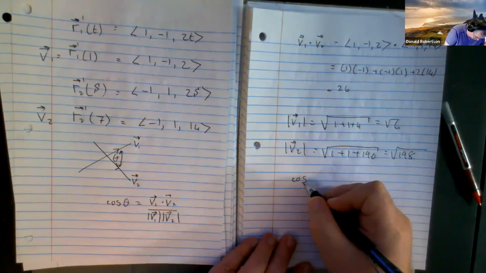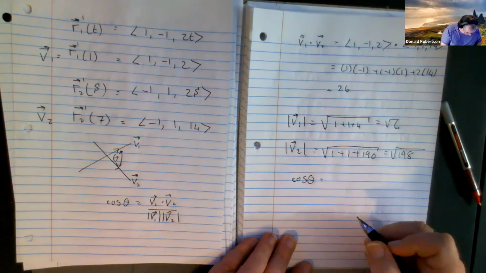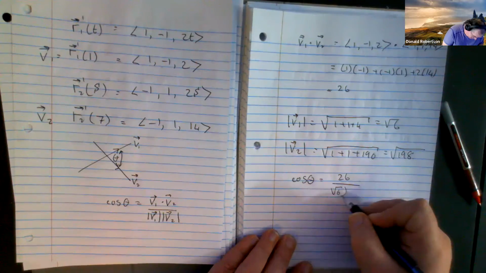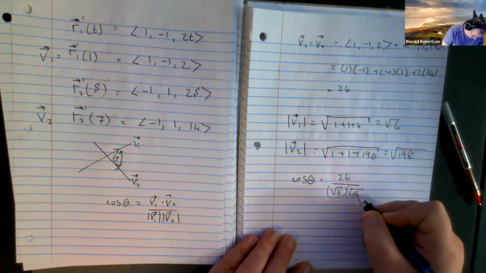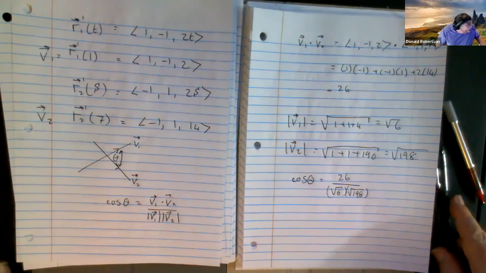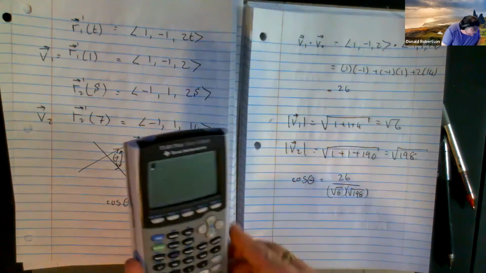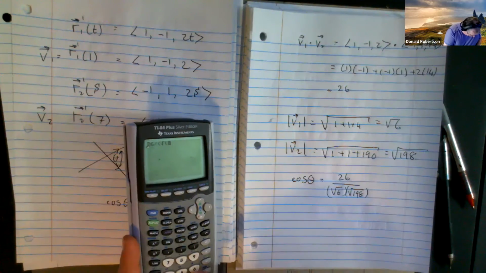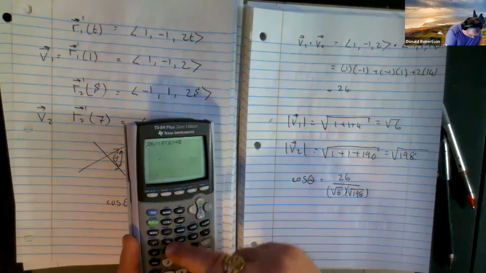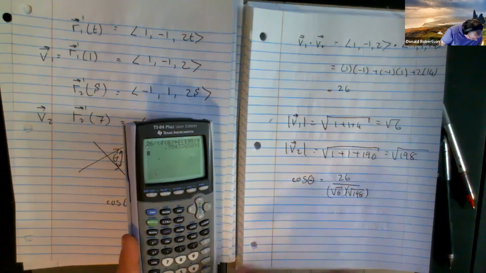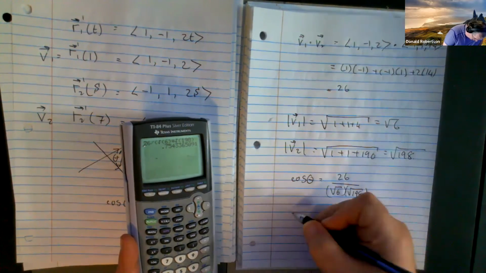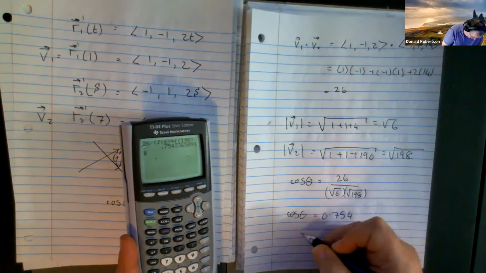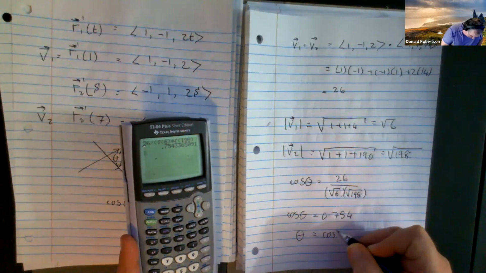So the cosine of theta is dot product divided by that. Let's figure out what that fellow looks like. With 26 divided by the square root of 6 times the square root of 198, and that's about 0.754.